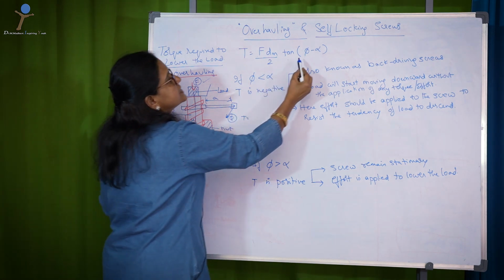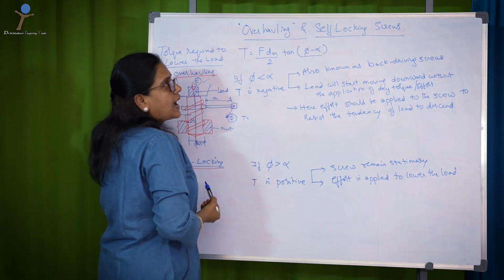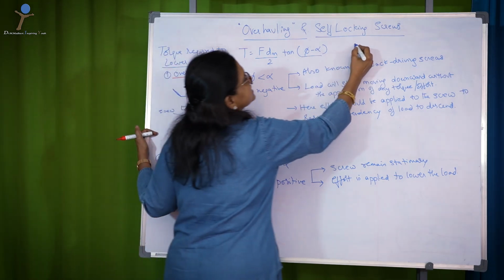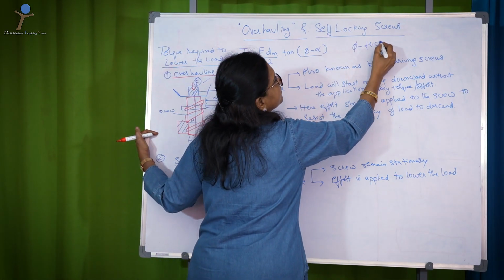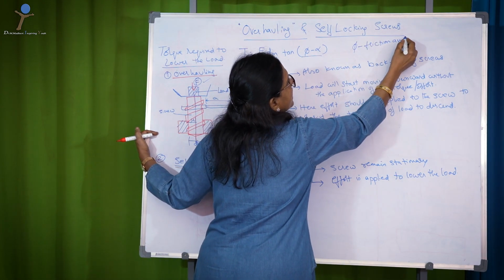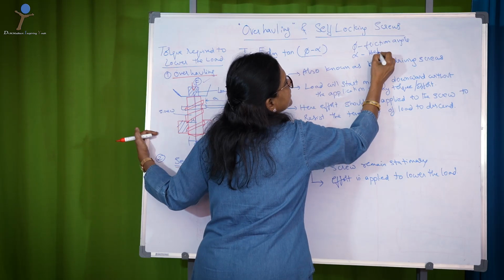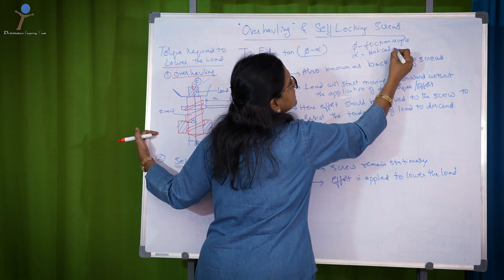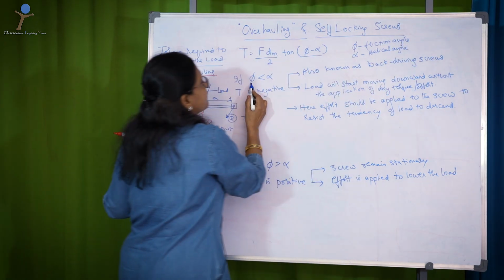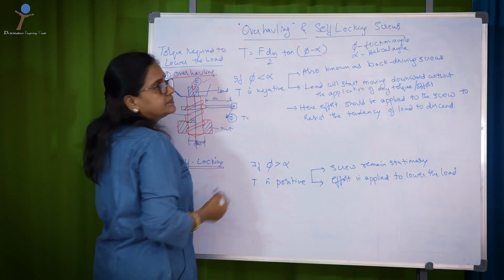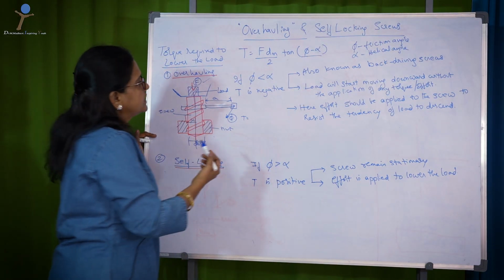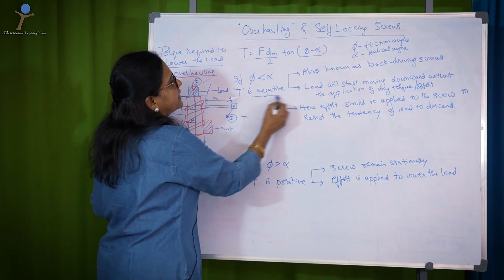Considering these two angles, where phi is the friction angle and alpha is the helix angle of the thread or screw angle, if phi is less than alpha, obviously the torque is negative.